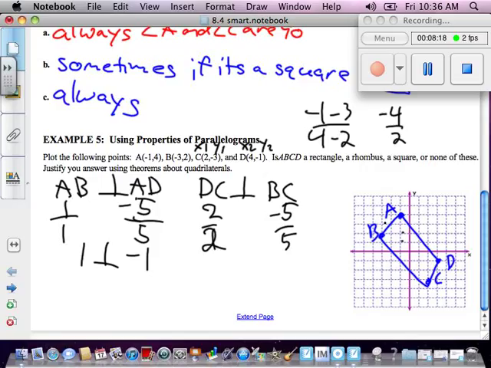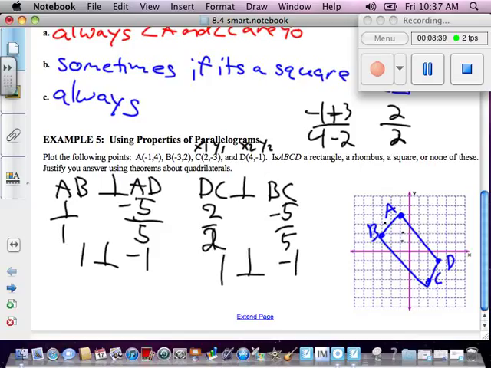Y2 is -1 minus a -3, so it's -1 plus 3, which is 2. There we go. This work is not due arithmetic today. Okay, so I get 1 and -1.